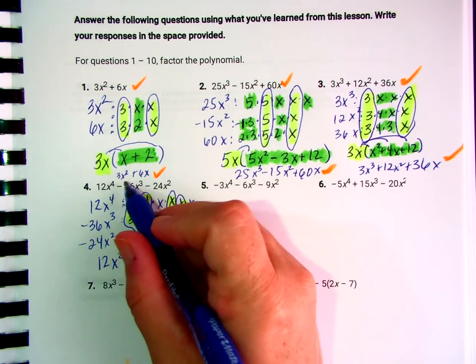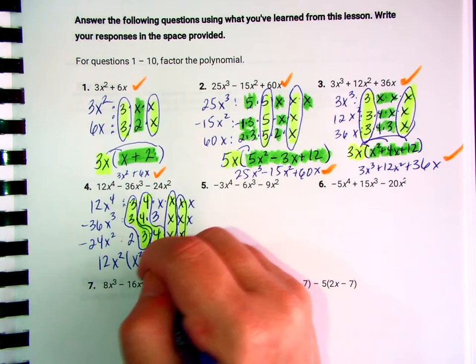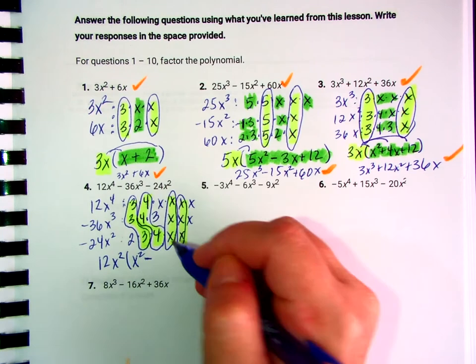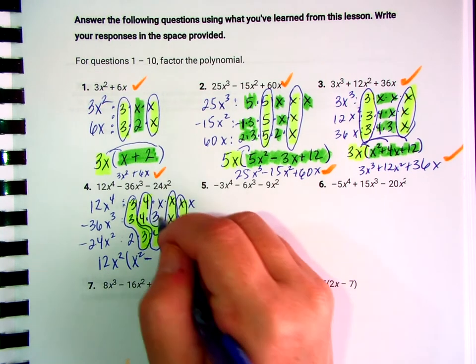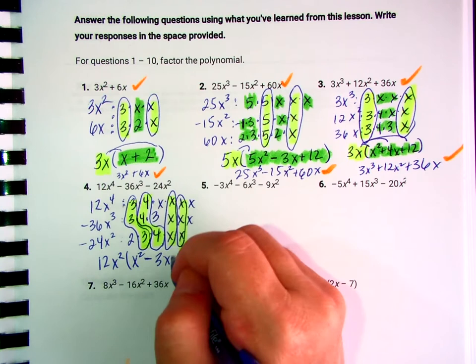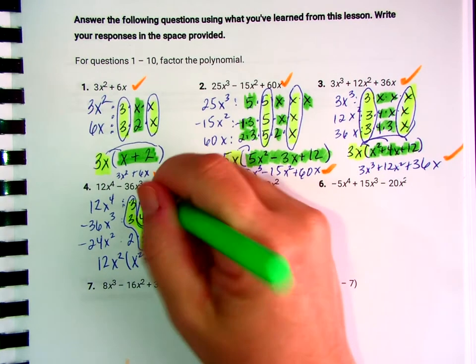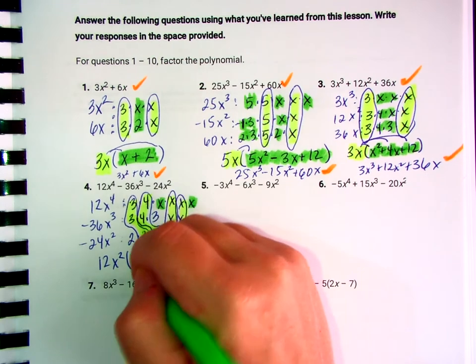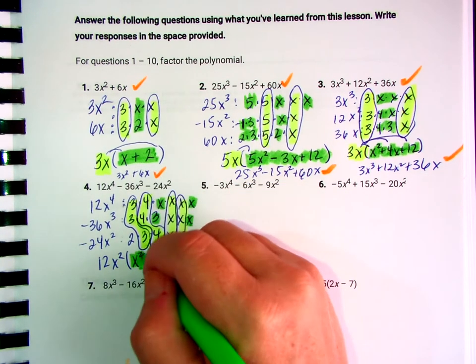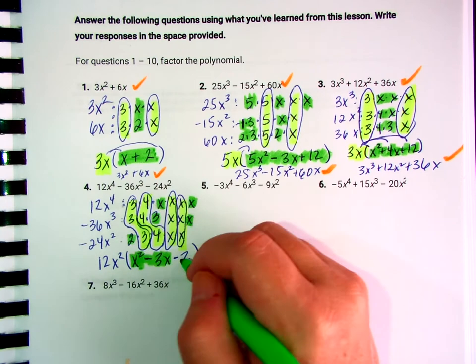What's left inside, notice the minus and the minus for the signs. So x times x makes x squared, minus what's left over, a 3 and an x, minus what's left over, a 2. So again, where did these come from? This x times this x was left over, this 3 and this x, and this 2.